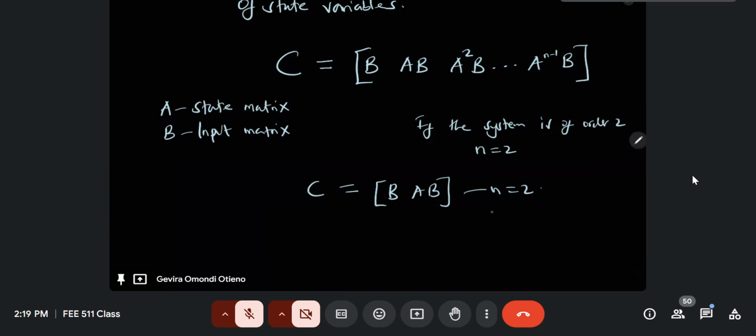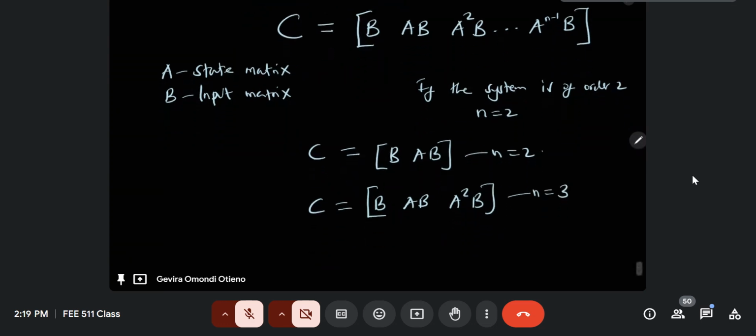If n equals 3, then we'll have C equals B, AB, A squared B. This is for n equals 3. And so on. If n equals 4, we'll have B, AB, A squared B, and then A cubed B, like that. This is for n equals 4. And it goes on and on, okay?